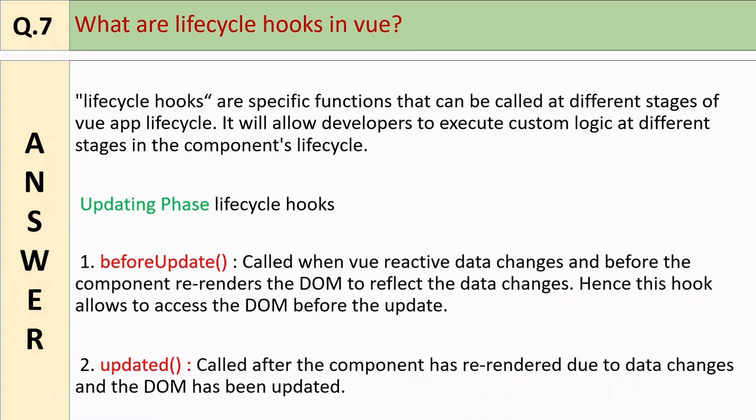Updating phase lifecycle hooks are beforeUpdate and updated. beforeUpdate is called when Vue reactive data changes and before the component re-renders the DOM to reflect the data changes. updated is called after the component has re-rendered due to data changes and the DOM has been updated.